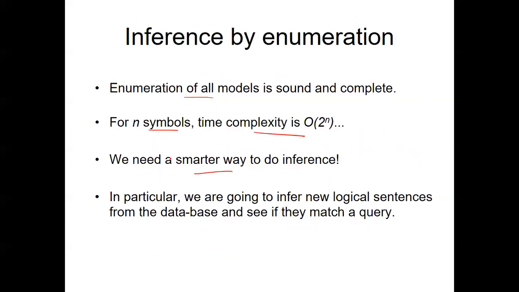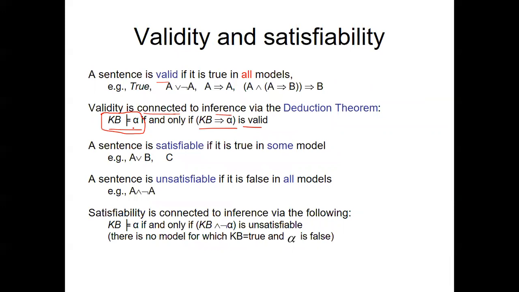So what this statement says: KB entails alpha if and only if KB implies alpha is valid. It means that wherever KB is true, alpha should be true. That is what implication talks about, right? If that is satisfied, if that is valid, then we say that KB implies alpha.